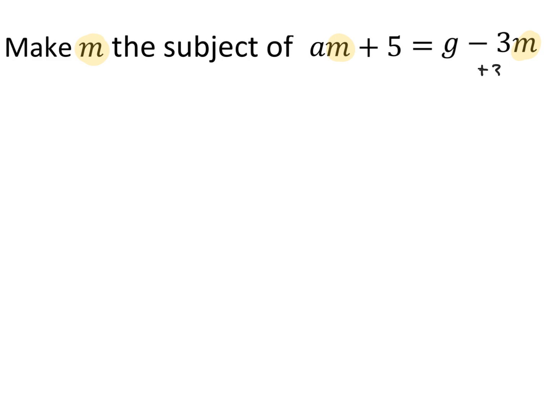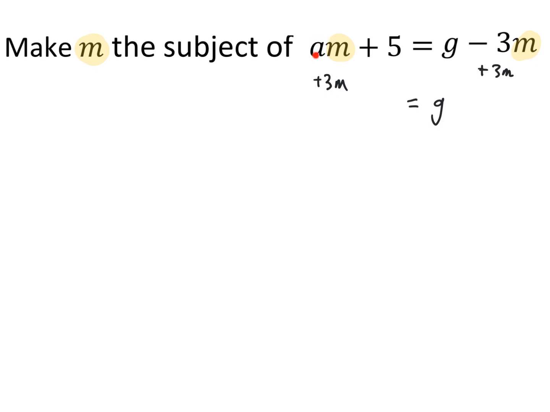So I'm going to add 3m to each side of my equation. On the right hand side, I'll just concentrate on that for a second, it's going to leave me with the letter g, and because I've got negative 3m, positive 3m, this is a zero pair, we're not going to have any m's here at all.